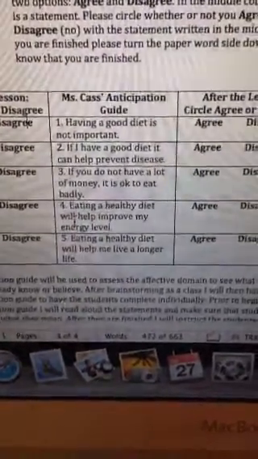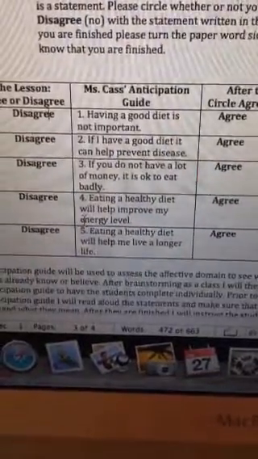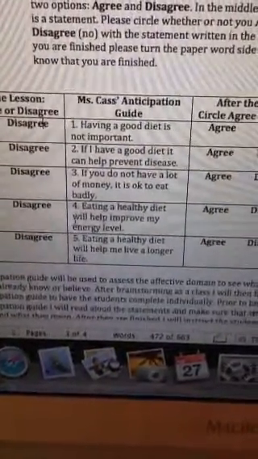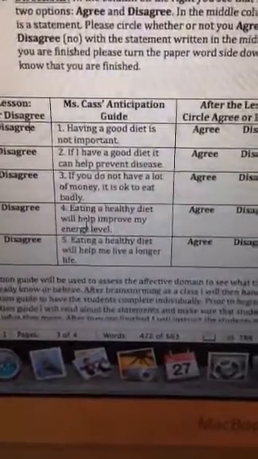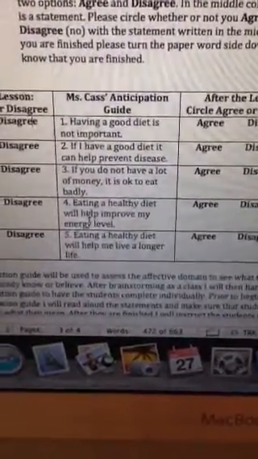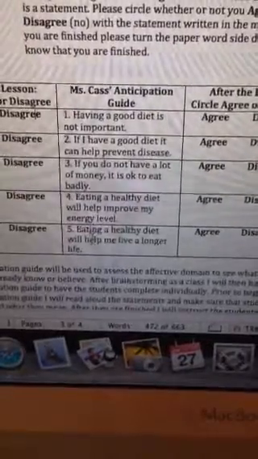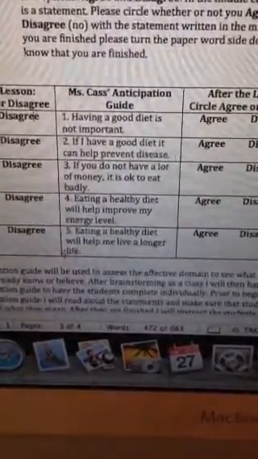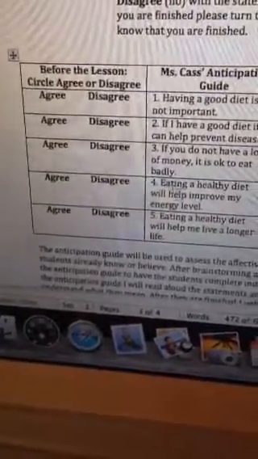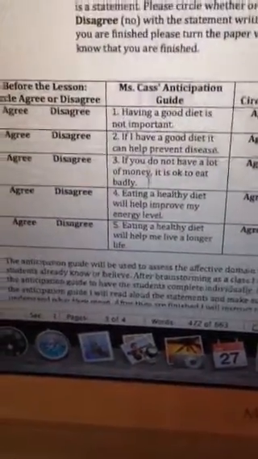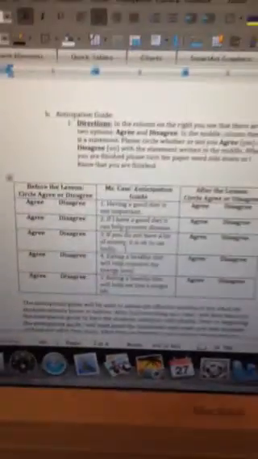So energy meaning your willingness or your want to play and exercise and go do things other than just sit on the couch and not do anything. Eating a healthy diet will help me live a longer life. So those are the 5 questions. If there are any questions before you get started, go ahead and raise your hand. So I'll give you about 5 or 7 minutes to complete this.